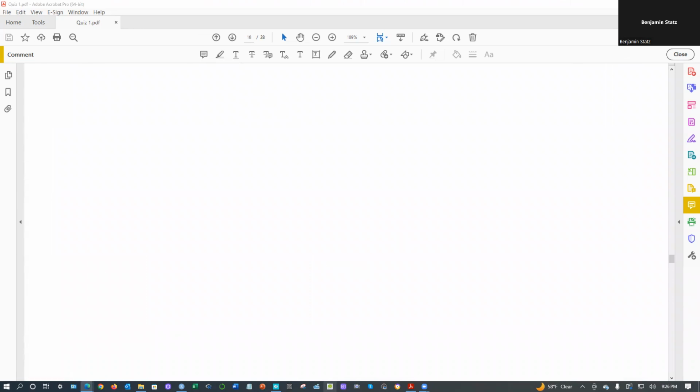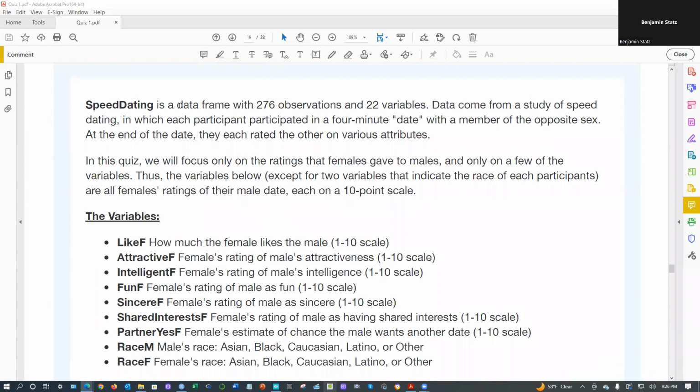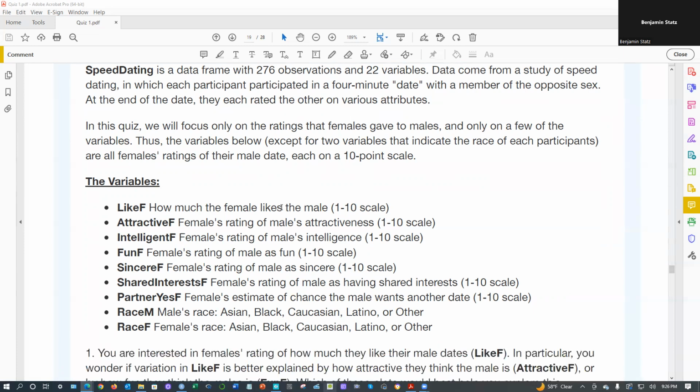Then you go a little bit further down. Speed dating is a data frame with 276 observations and 22 variables. Data come from a study of speed dating in which each participant participated in a 4-minute date with a member of the opposite sex. At the end of the date, they rate the other on various attributes.